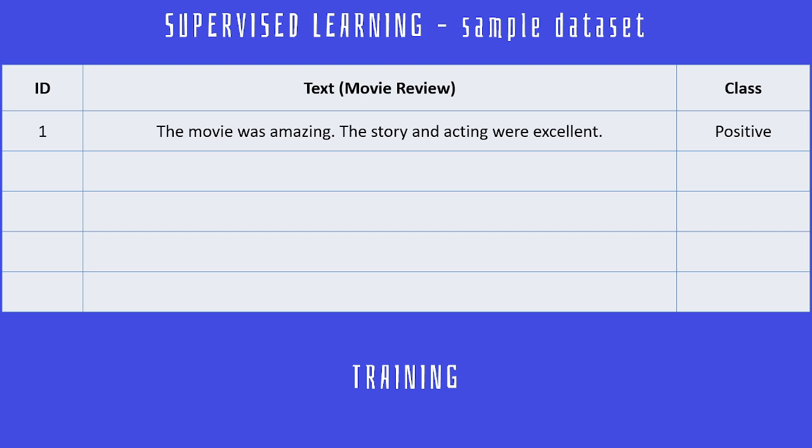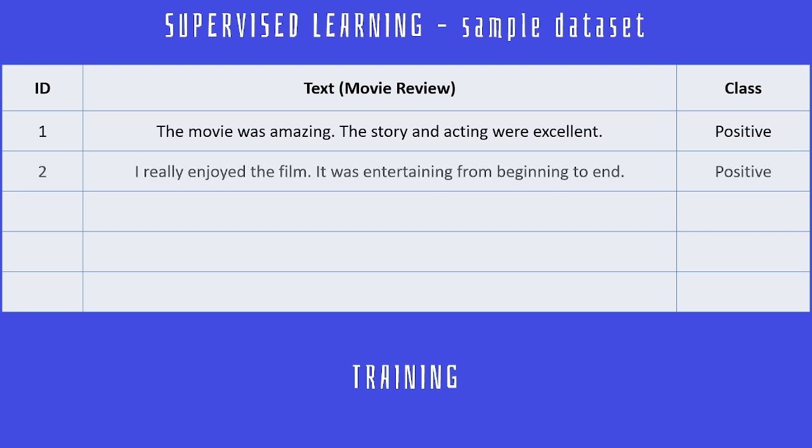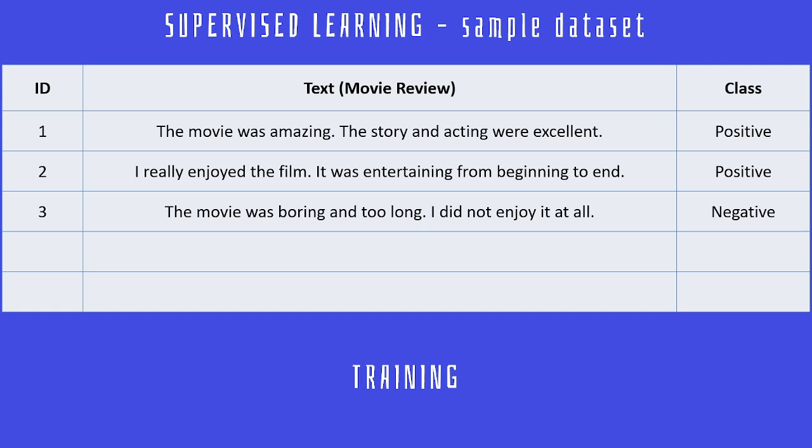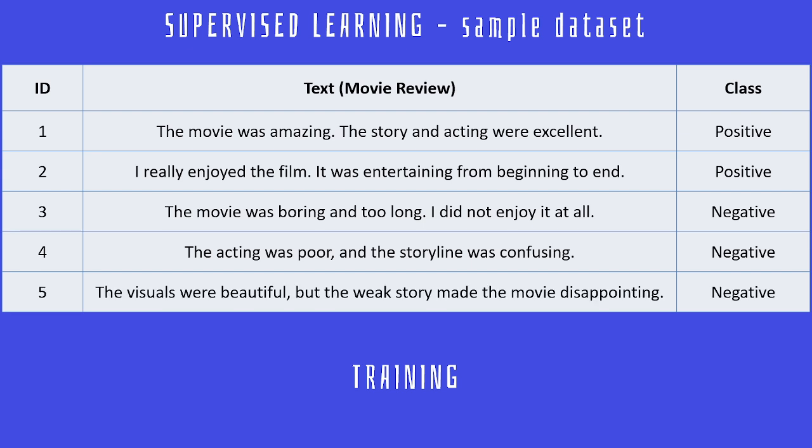So already I am telling the machine that for this type of review, the class or the prediction should be positive. In this way, we are providing multiple data. Altogether, these 5 movie reviews along with the id and the class, we call the sample data set. So, we are training our model with this data set.